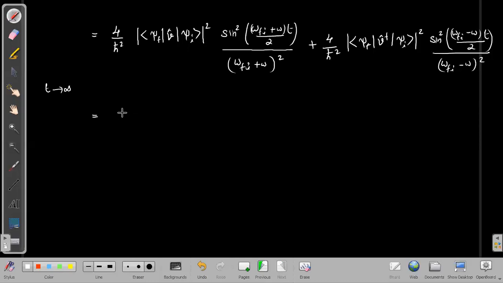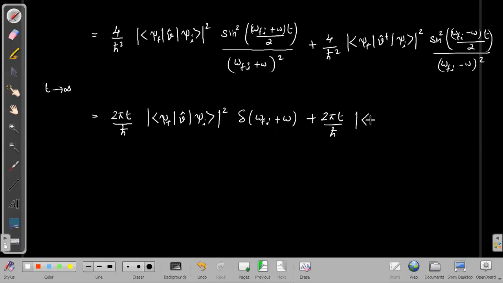Therefore I can write it as 2π t by h cross, mod ⟨ψ_f|V|ψ_i⟩ square, Dirac delta(ω_fi + ω), plus 2π t by h cross, inner product ⟨ψ_f|V†|ψ_i⟩ mod square, Dirac delta function (ω_fi − ω).